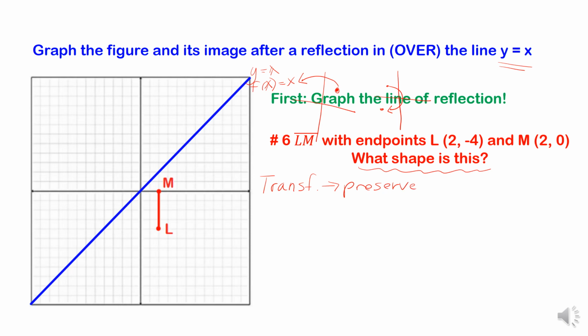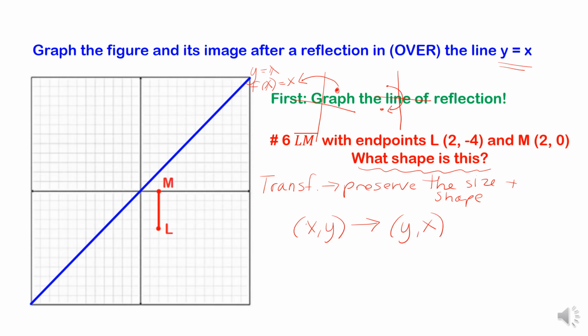So our shape will be the same. Alright, so the next thing we want to do is remember what the map is. So if you want to know what the map is for a reflection over y equals x, it is this.